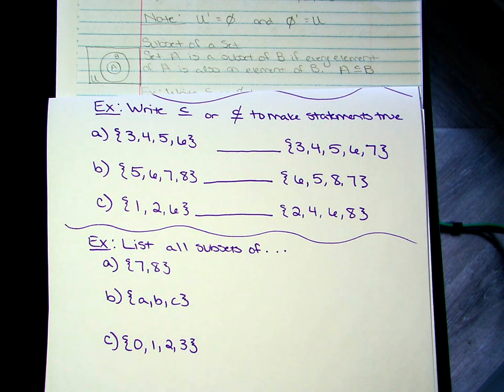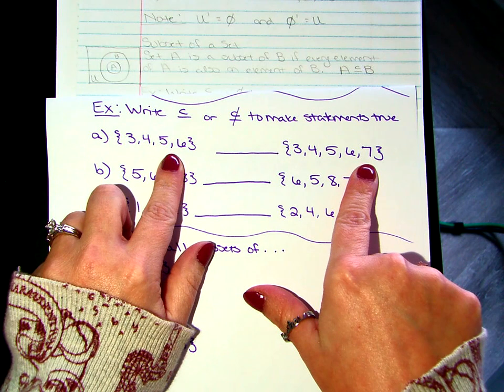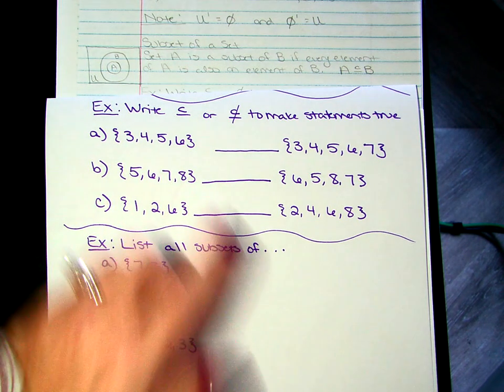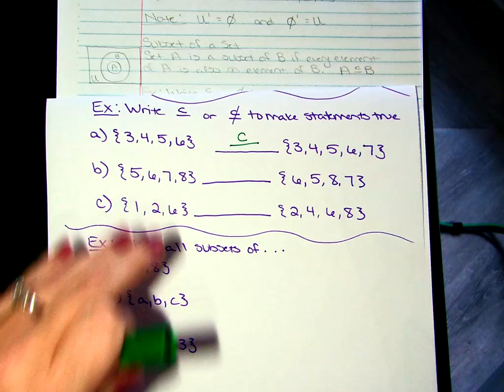So we need to determine, is the set 3, 4, 5, and 6 a subset of 3, 4, 5, 6, 7? Is there anything that lives in the first that doesn't live over here? And the answer is no. So that means that our first set is a subset of the second set.